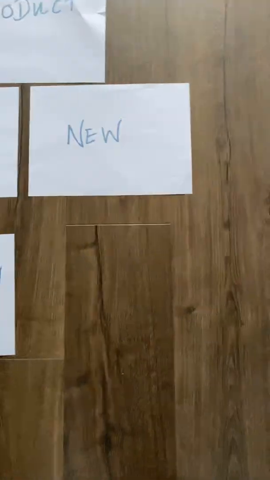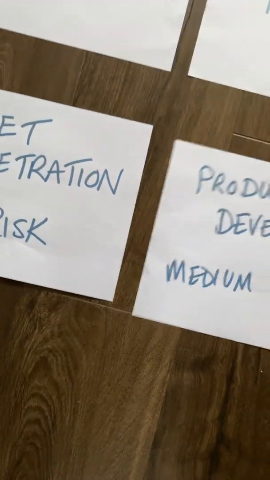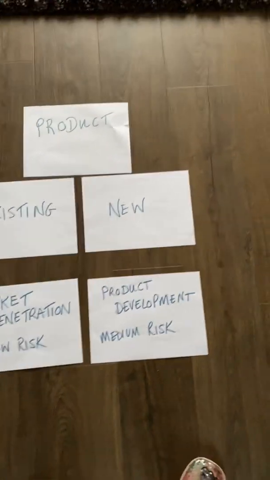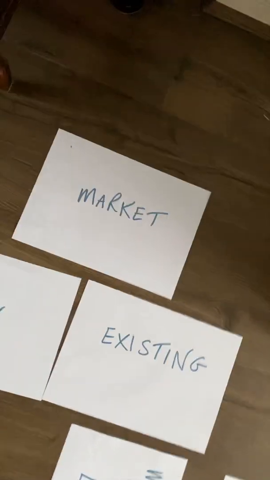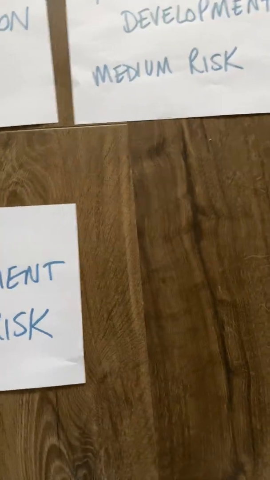We've then got the idea that we could do product development. Product development is where we would take our new products to an existing market. Good stuff. Then our third option is market development.